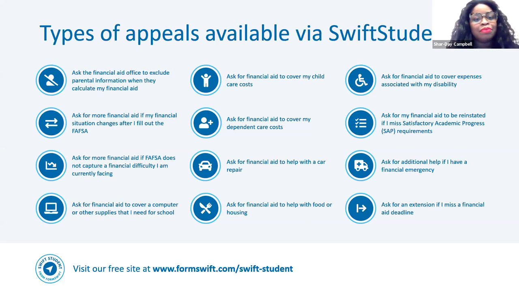But this gives them the opportunity to make that connection point of why I need to fill out a certain type of appeal. It brings them to a place where they feel like they know how to ask for help and when to ask for help and how to ask for it and submitting it.